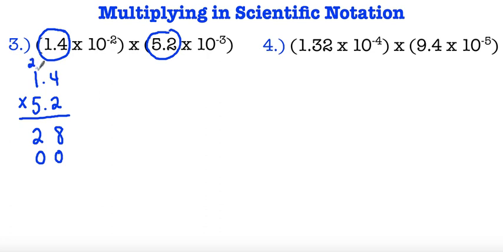Bring up the 2. 5 times 1 is 5, plus 2 is 7. And then add these together. And now I'm going to see where my decimal goes. 1, 2. So I could go 1, 2. Now we have 7 and 28 hundredths. And now I'm going to take my 10 to the power of negative 2 and 10 to the power of negative 3 and multiply those two together.